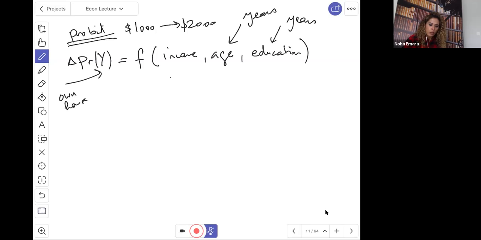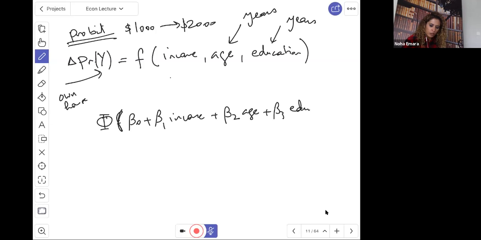So if I want to plug in 1 and 2 in a probability that is beta naught plus beta 1 income plus beta 2 age plus beta 3 education, right? If I want to compute the change in the probability, then I would have to plug in here 1 and repeat with 2 and get the change.